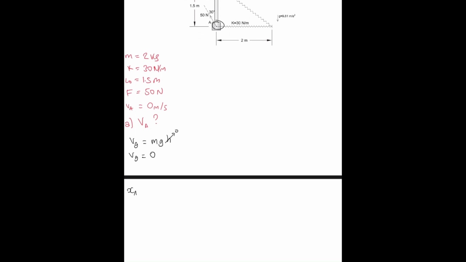And now we're going to calculate the stretched length of the spring, so XA is going to be equal to LA minus L naught, and that's 2 minus 1.5, giving us a stretched length of 0.5 meters.